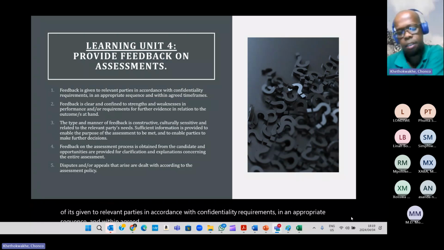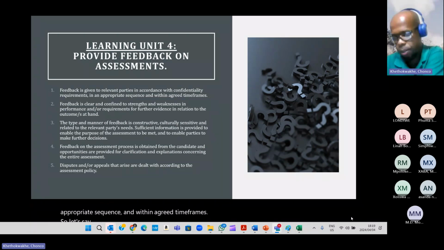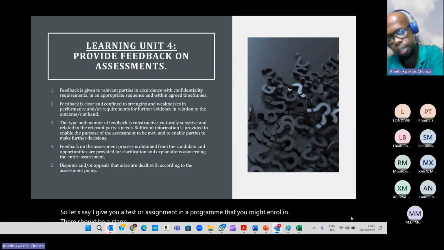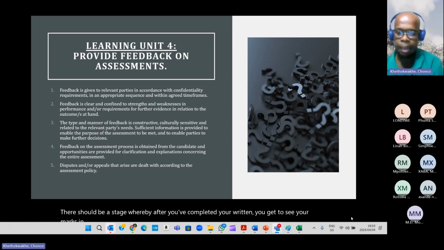So let's say I give you a test or assignment in a program that you might enroll in. There should be a stage whereby after you've completed, you've written, you get to see your mark in terms of how much you got, and then you get to see comments based on what you have written.